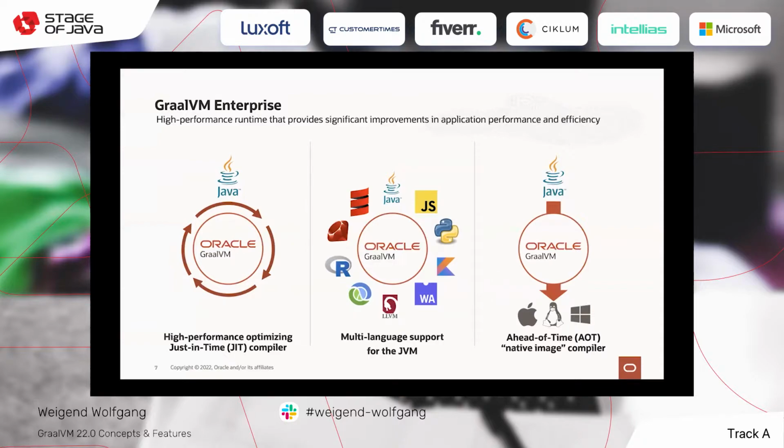The second part in the middle here is embracing different languages, dynamically typed languages like JavaScript, other languages like Python, Kotlin, Ruby, R, Scala, all the JVM languages of course, and here the low-level VM toolchain with C and C++ as well, supporting this in different flavors with the Graal compiler.